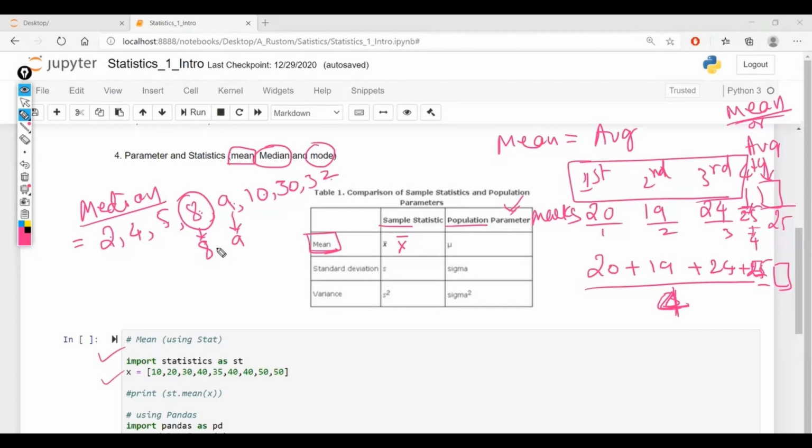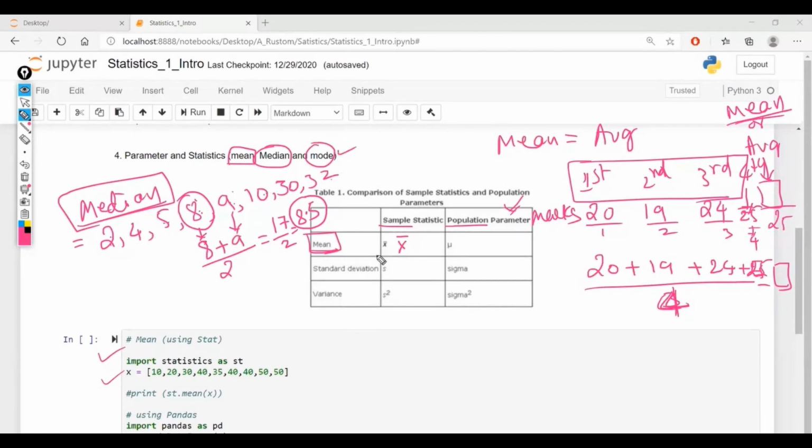It will take these two, add them, and divide by 2 data points. So 17 divided by 2 is going to be 8.5. 8.5 is basically the median. So that's how median will be calculated.